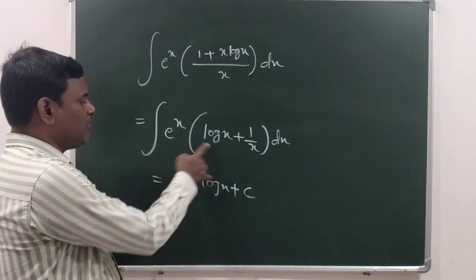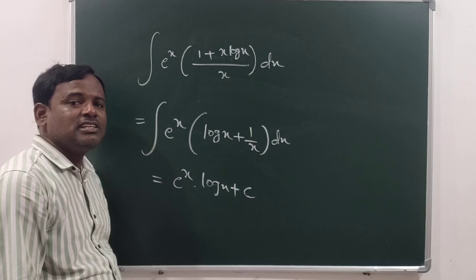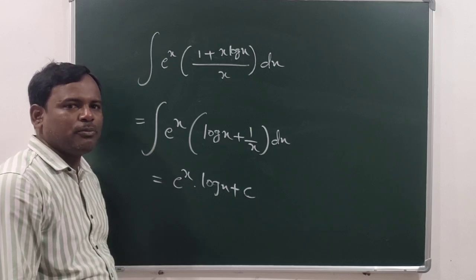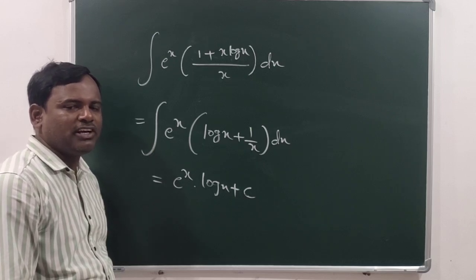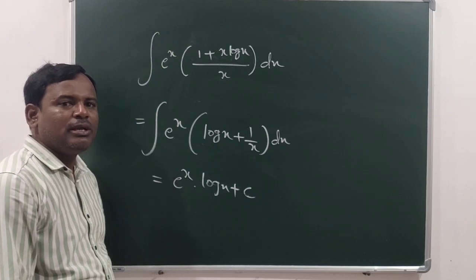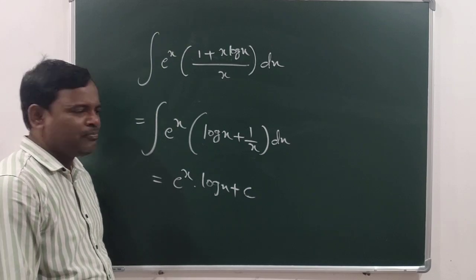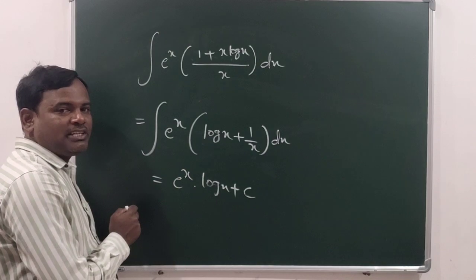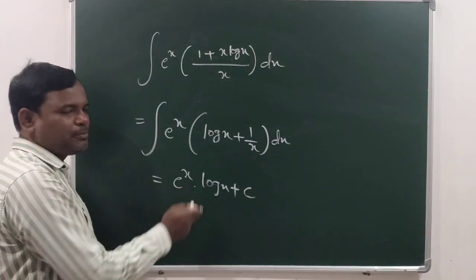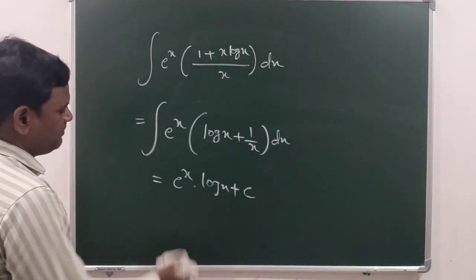Even this one also I have answered by the standard result. Integral of e power x into (f of x plus f dash of x) is equal to e power x into f of x plus c. So, here by that standard result, it can be written as e power x into log x plus c.